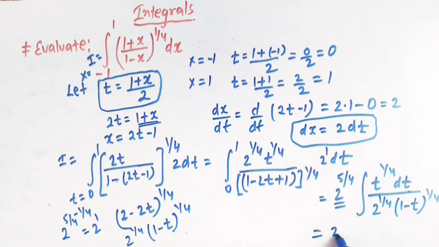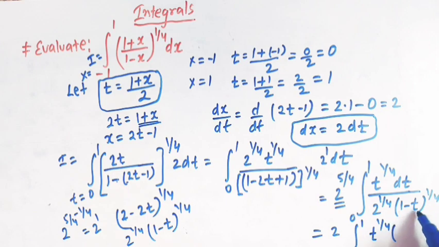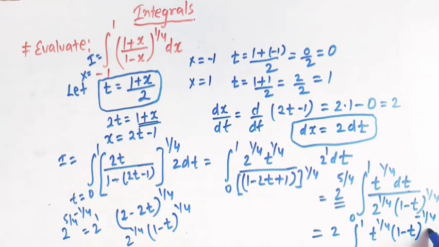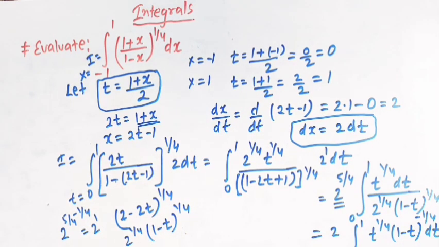So here we have simply 2, and the limits 0 to 1, then t raised to 1 by 4, and (1 minus t) raised to 1 by 4. Taking (1 minus t) raised to 1 by 4 to the numerator, we have (1 minus t) raised to minus 1 over 4, and here we have dt.